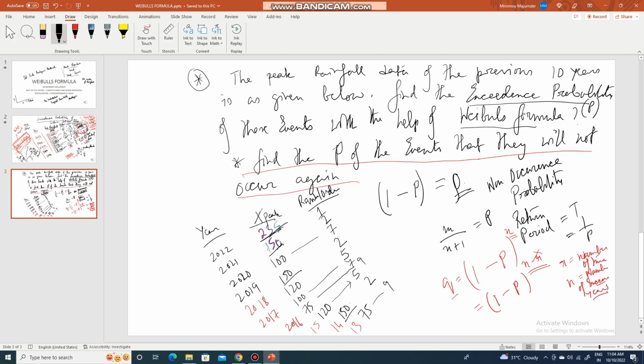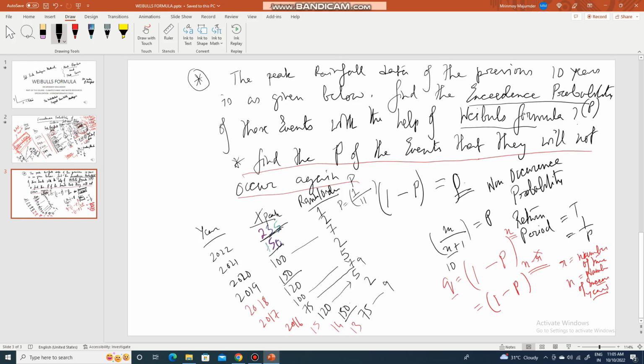Now let us use the formula to calculate P, m by n plus 1. Here n is 10, so P will be 1 divided by 10 plus 1, which is 11.